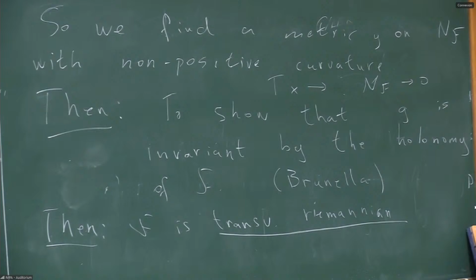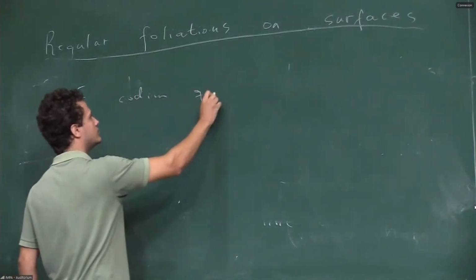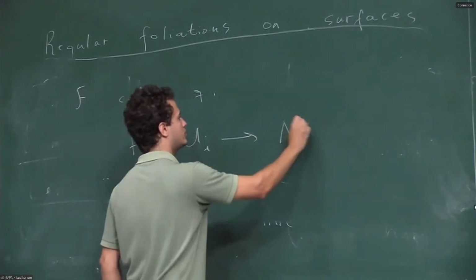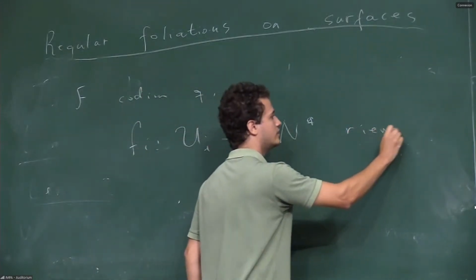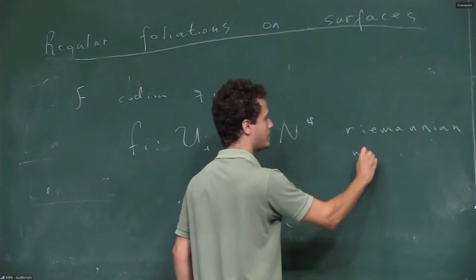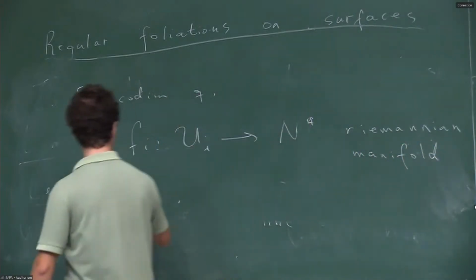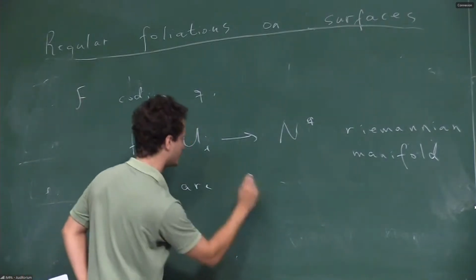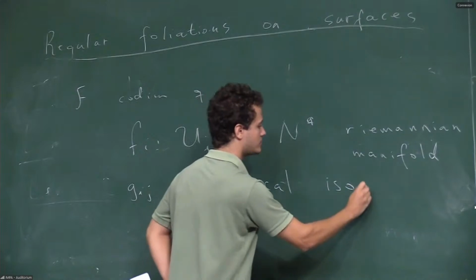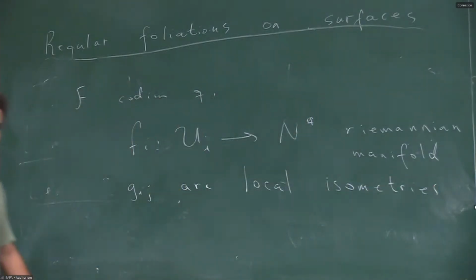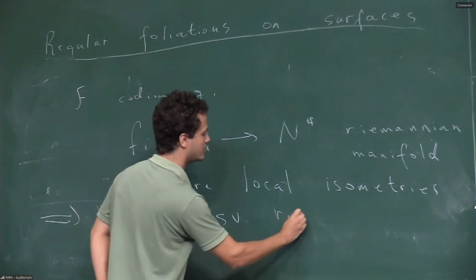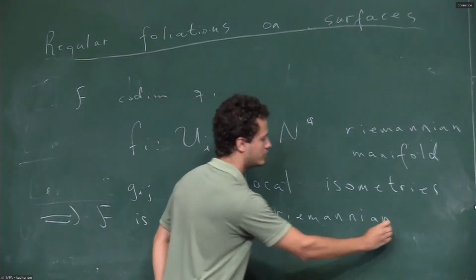So considering a foliation of codimension q, if you take the submersions to a Riemannian manifold such that the g_ij are local isometries, so if this is satisfied in the definition of the foliation, then we say that F is transversely Riemannian, or just a Riemannian foliation.